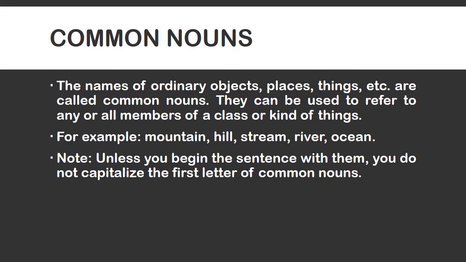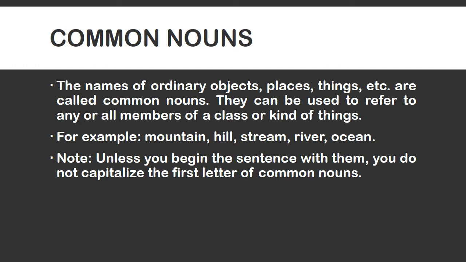The names of ordinary objects, places, things, etc. are called common nouns. They can be used to refer to any or all members of a class or kind of things. The name of a particular object, place or person will be a proper noun, but the word used to denote its class will be a common noun. For example, Chennai is a proper noun, but city is a common noun.